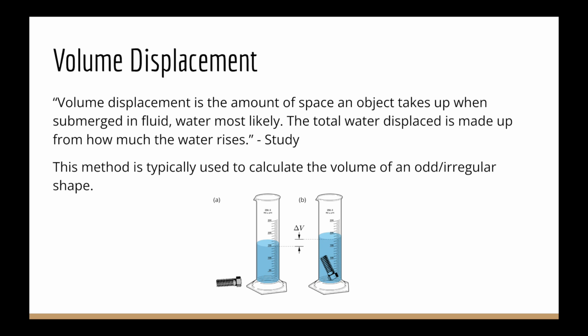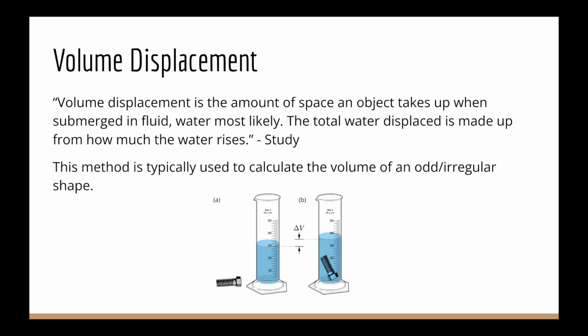This is a quote and definition I got off of Study. I'll link the website in my sources cited page. This method is typically used when calculating the volume of odd or irregularly shaped items.